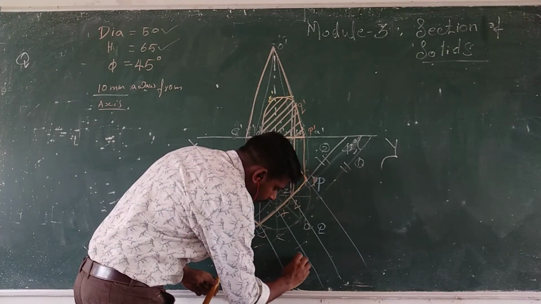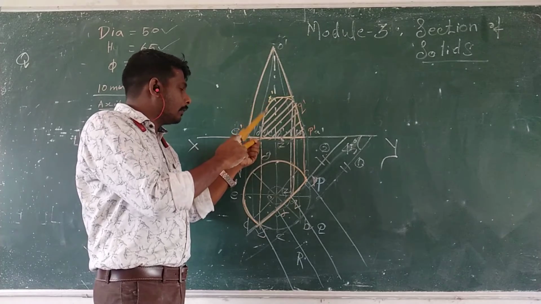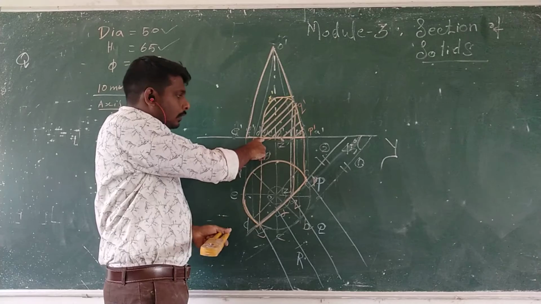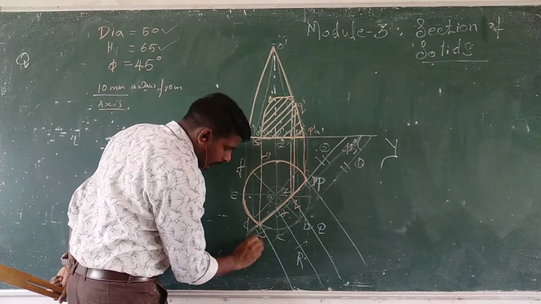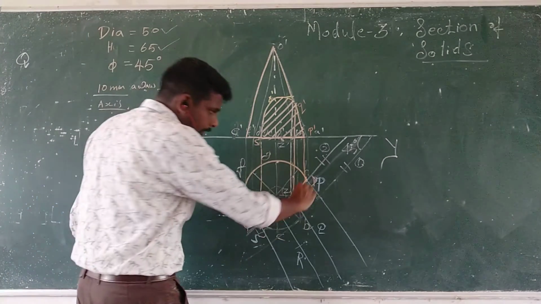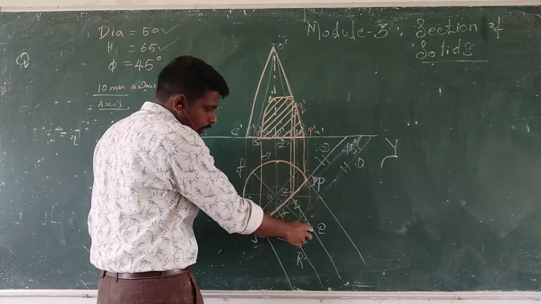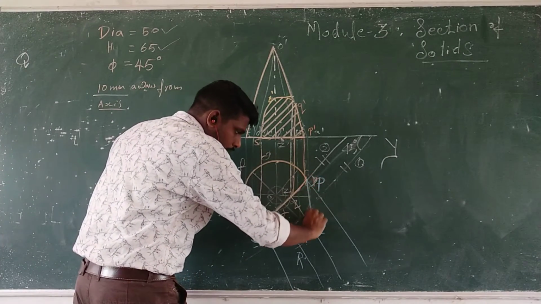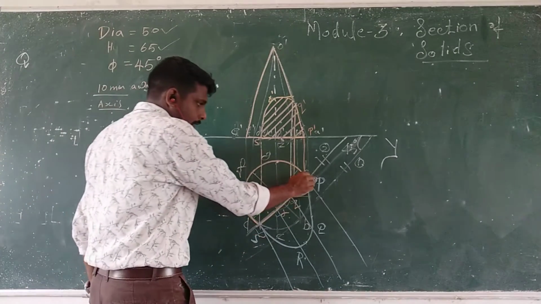Then we can find out the capital R. Same way S, but as you know S is on XY line, the distance from S dash to XY is 0, so the point itself becomes S. Okay, these are the sectional points. So we can join them by freehand drawing. There is no use of scale in the case of a cone. P to Q, Q to R, R to S. This is the true shape of the section.